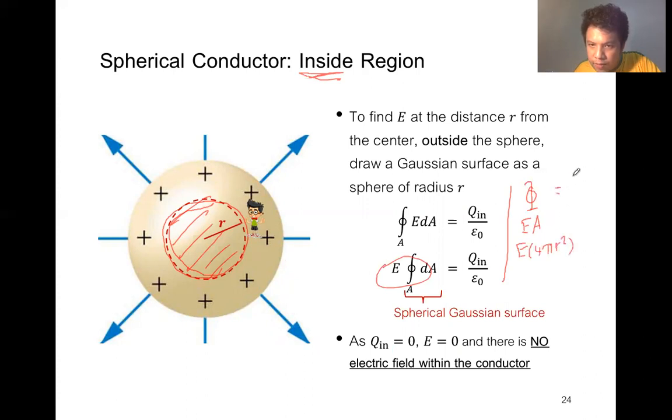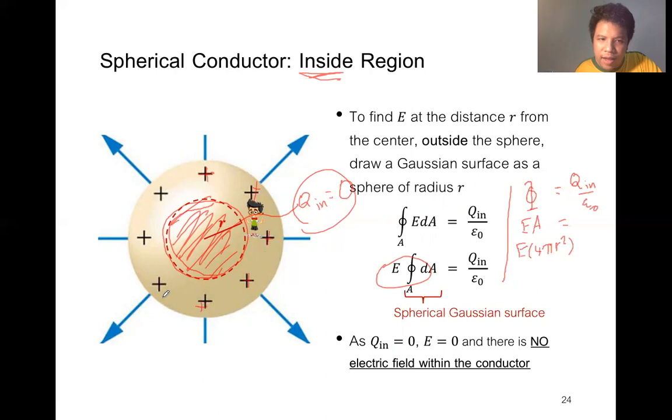But if I consider Q in, the charge inside this region is 0. Why is it 0 for the conductor? Because for the conductor, all charges are at the surface and there is no charge in the volume. So when I create the Gaussian surface anywhere within the volume, the charge inside is 0. So the right-hand side of this equation will be 0, and the electric field within the conductor will always be 0, or no field within the conductor.